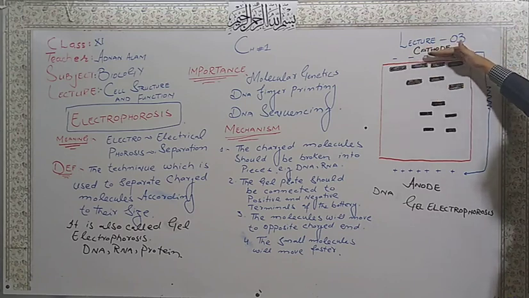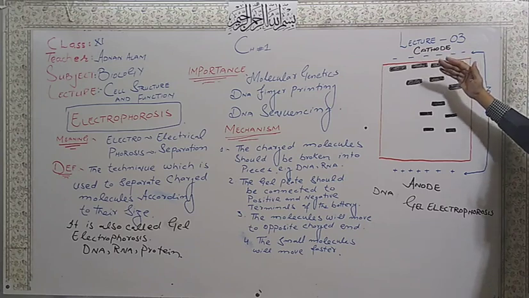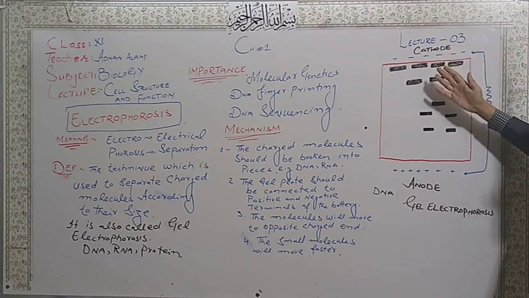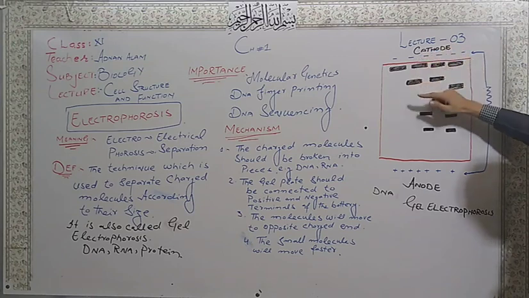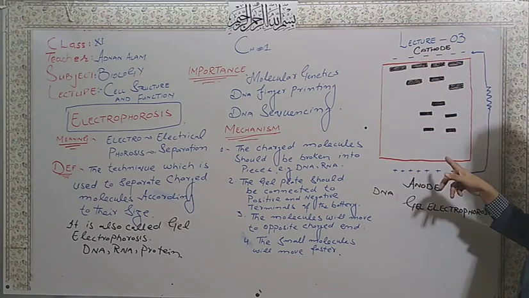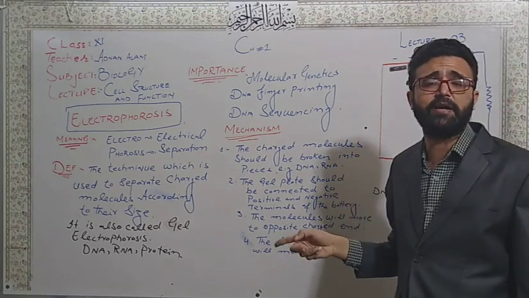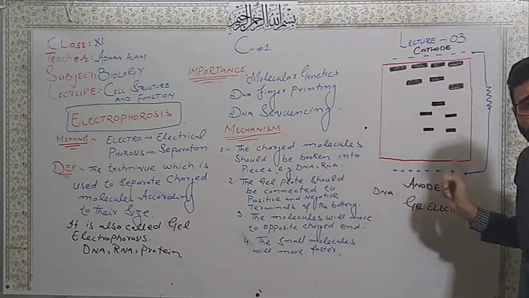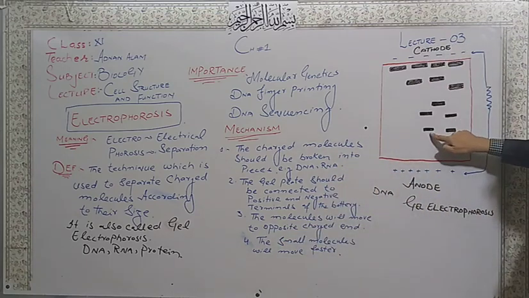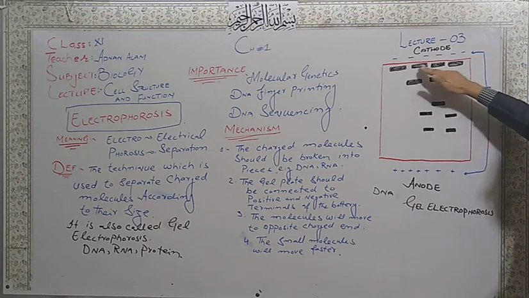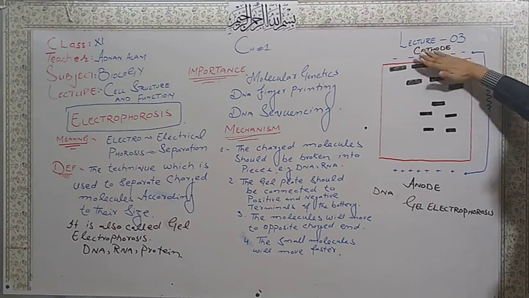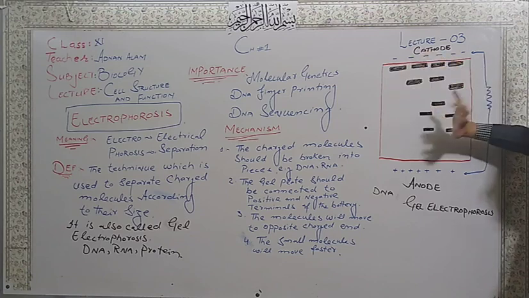The DNA molecules usually have a negative charge. RNA and DNA are negatively charged. So they will tend to move towards the positive plate because opposite charges attract each other. And look, the small pieces will move faster as compared to the large ones, and we will get this plate.